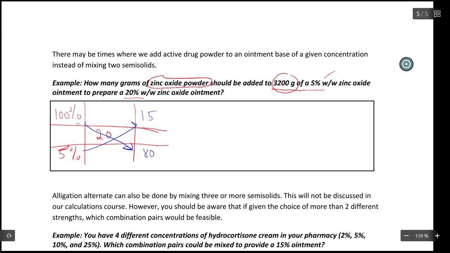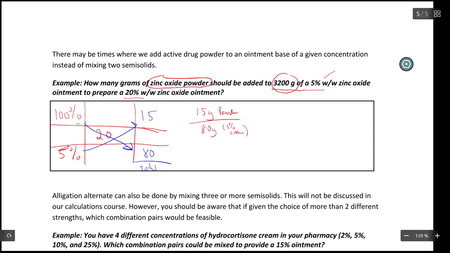We don't need total parts down here, right? This is our total. We don't need this yet because we need the ratio between the two. In our case, it says that we need 15 grams of the powder every time we have 80 grams of the 5% cream.